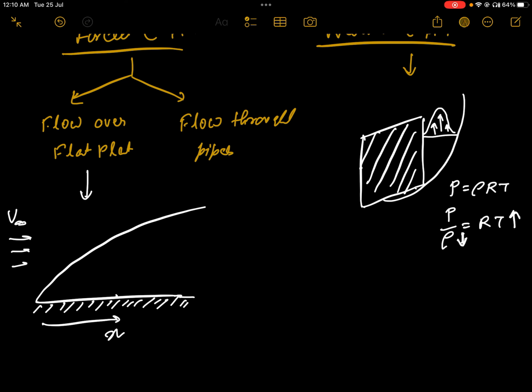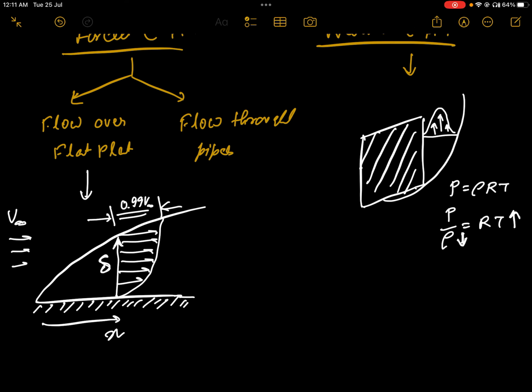So if we go till this point, let's say delta, till this delta distance the shear stresses are dominating. If we draw the velocity profile from the flat plate to this boundary, we'll get a parabola-like velocity profile. And at the boundary, this velocity profile will approach approximately 0.99 V infinity.